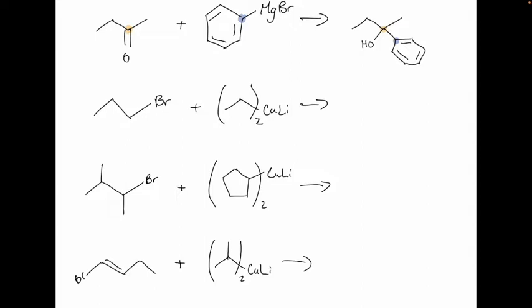Again, we're creating a new carbon-carbon bond. This time we're attaching the carbon that's at the base of my copper to the carbon that's at the base of my halide on the neighboring molecule. That's going to be my new carbon-carbon bond between those two. Remember, the Gilman reagent has this 2 down here that you just ignore. You're only sticking one of these ethyl groups, these 2 carbon groups, on there. That's just how the reagent looks.